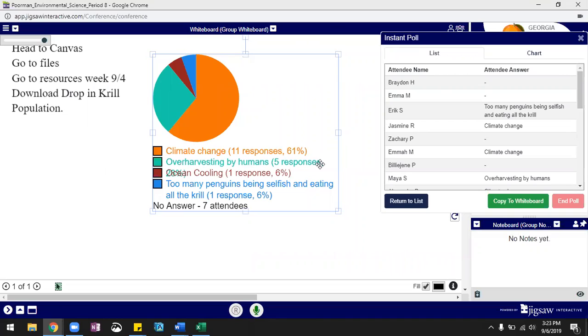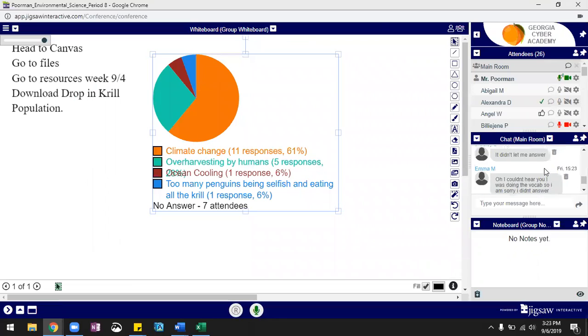But I really like how there was kind of a split between climate change and over-harvesting, because in fact, both of those are the correct answers. Climate change is increasing the temperature of water, which is increasing the melting of the polar ice caps, which is causing something to happen that affects the krill, and we'll get to that in a moment.